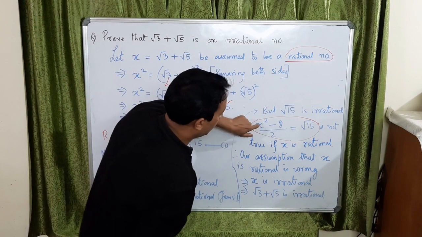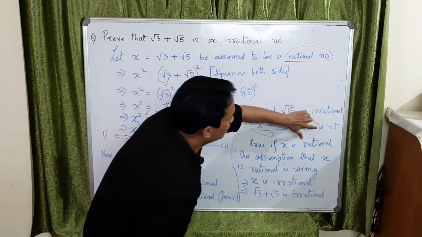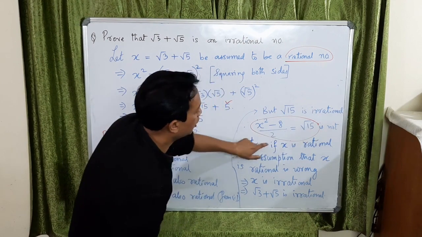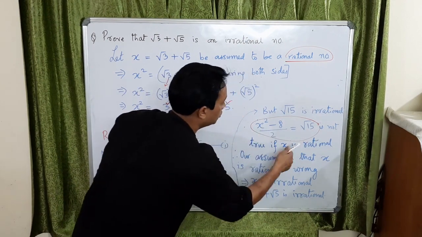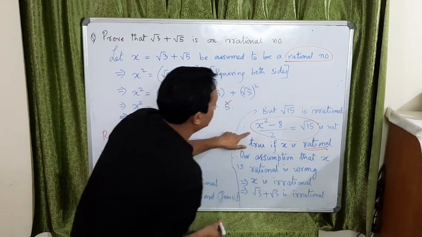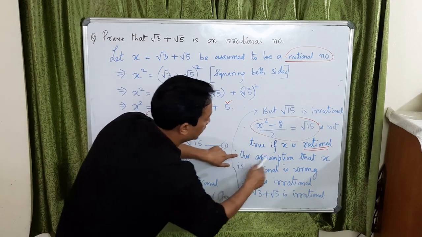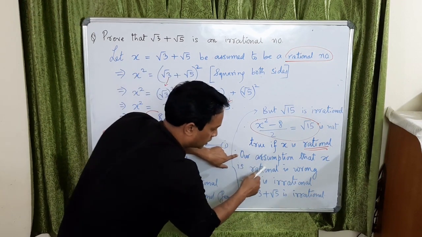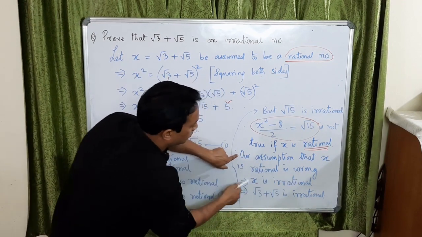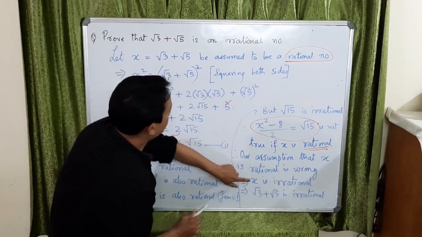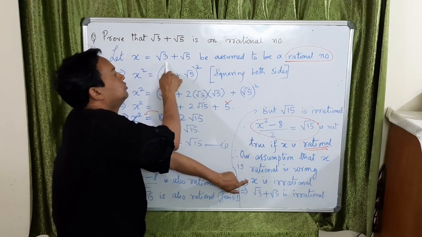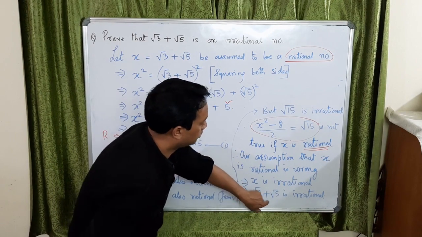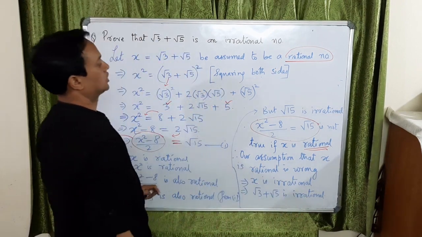So if I consider x to be rational, then what we got is not true. That means our assumption that x is rational is wrong. So if x is rational is wrong, that means x is irrational. And what is x? X is root 3 plus root 5. So if x is irrational, root 3 plus root 5 is irrational.